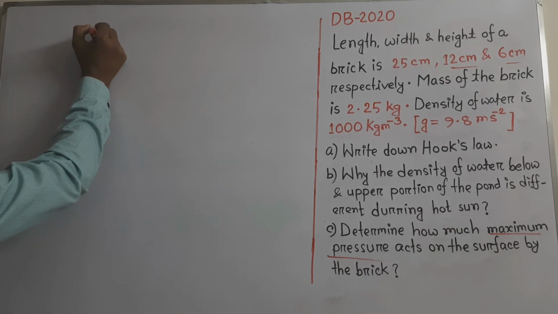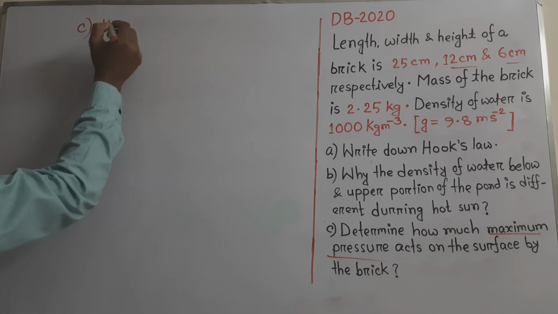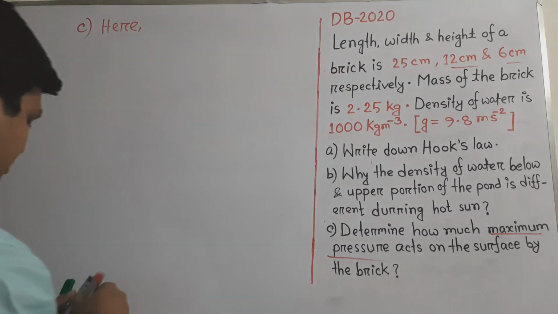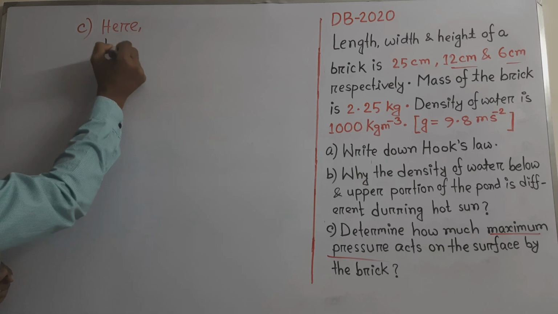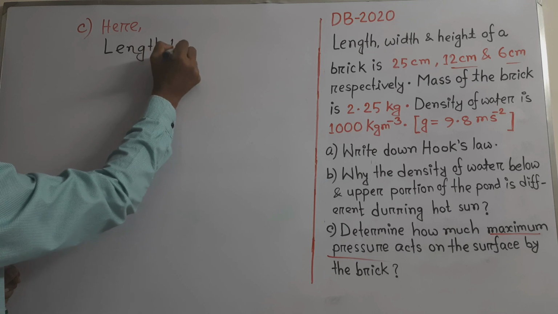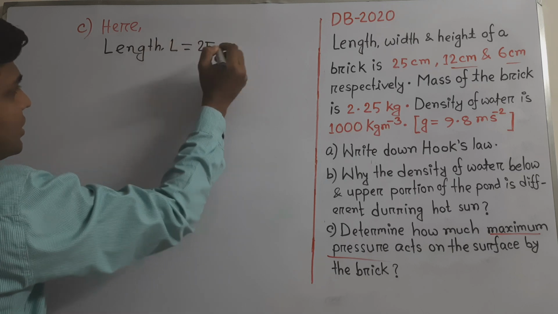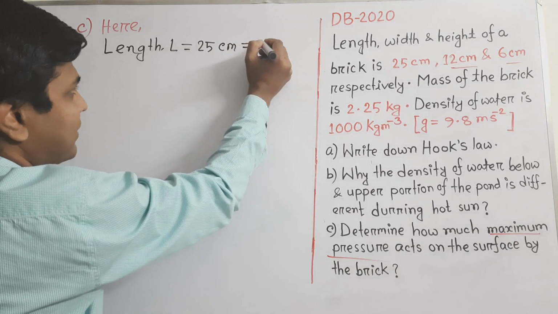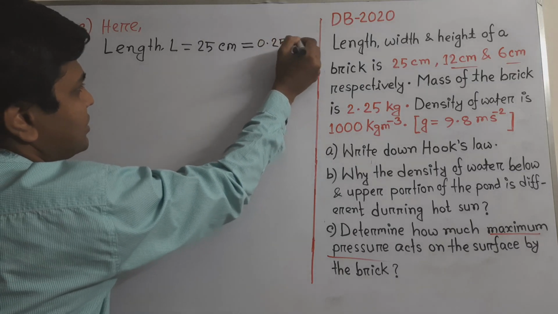First, we have to write the given information. Given information here: length is given here 25 centimeter, and if you convert centimeter to meter, we have to divide by 100 and the result will be 0.25 meter.